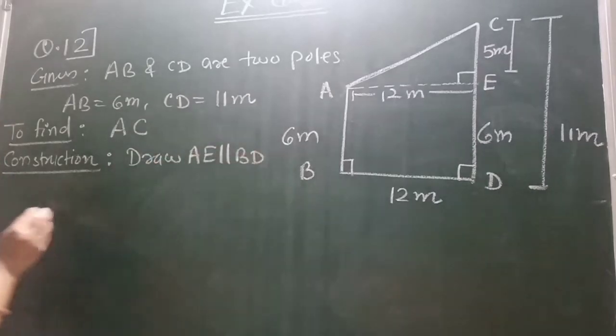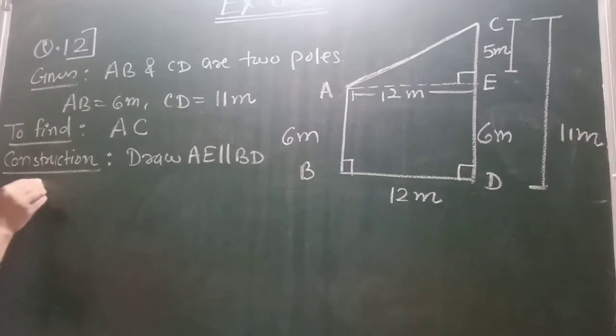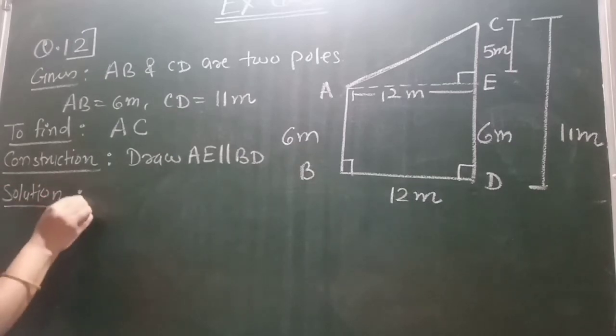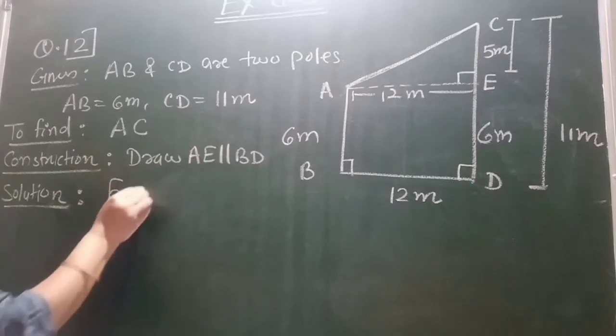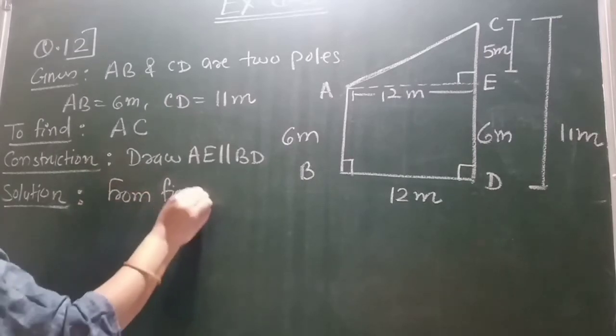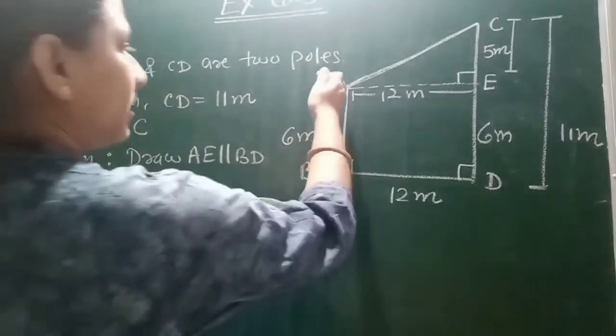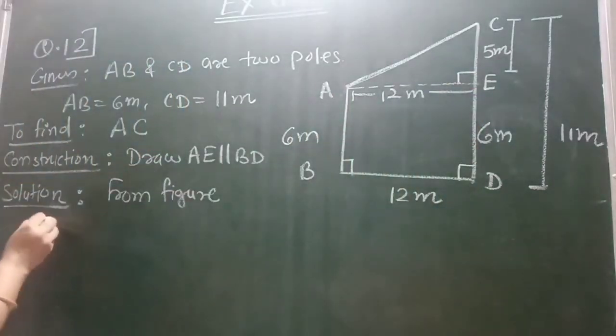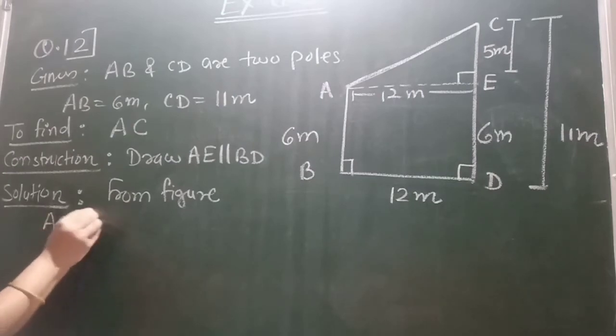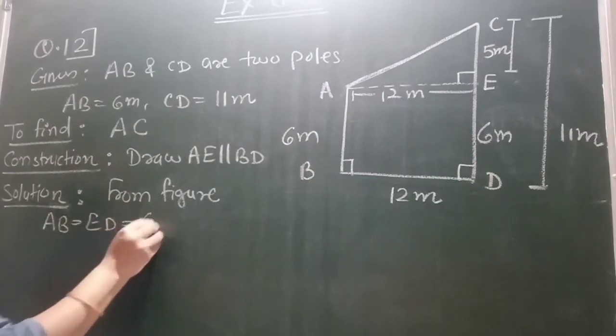Okay, next step. So, solution. It is very clear from figure. What we can say that here AB equals ED, AB equals ED equals 6 meter.